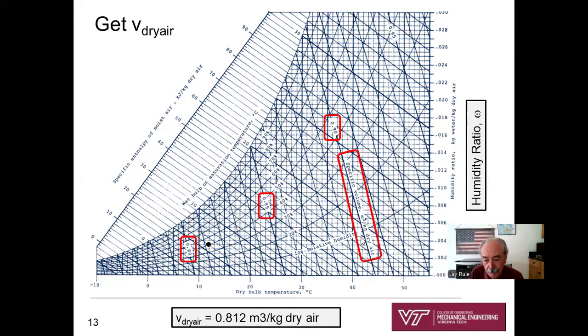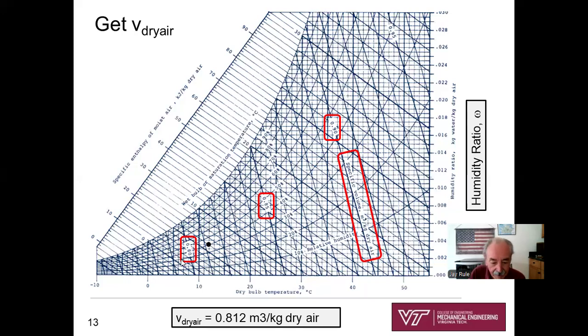So those units are very important. And numerically, what have we got? Well, we've got these straight lines that are swooping down. Here's a V of 0.9, a V of 0.85, a little V of 0.8. And so at least we see we're somewhere in between 0.80 and 0.85 cubic meters per kilogram of dry air.